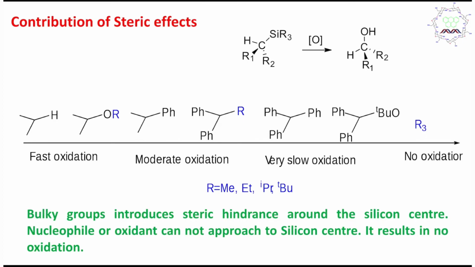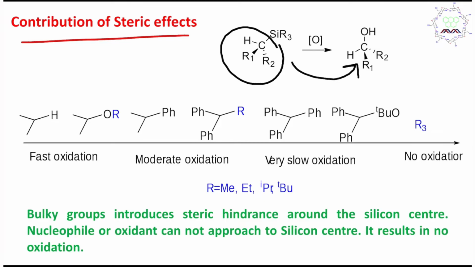Now another interesting concept, that is the contribution of steric effect. Why is this important? Actually, we are oxidizing this asymmetric part into the corresponding alcohol. Now why do we need to consider the steric part?